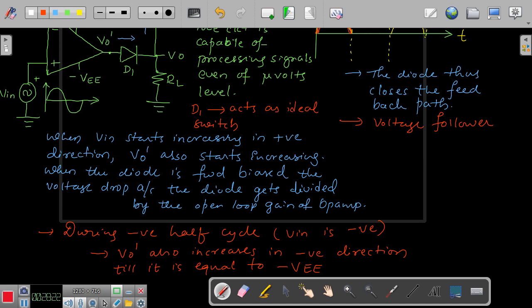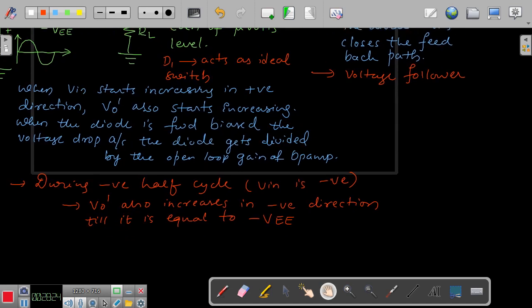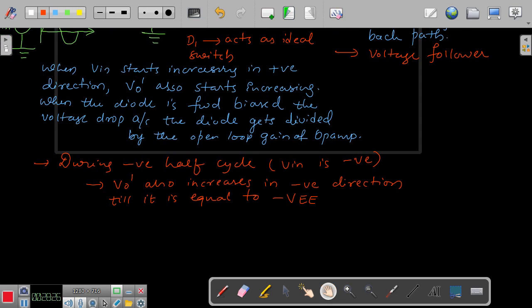It will go in the negative direction till it reaches minus VEE, and once it reaches minus VEE, the diode is now reverse biased. The diode is reverse biased.